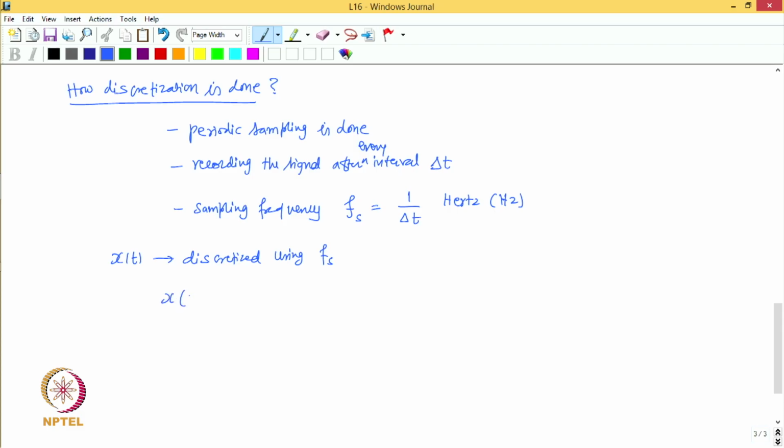Then we will have the discrete signal represented as x[n delta t] equal to x[0], x[1 delta t], x[2 delta t], going up to x[(n minus 1) delta t]. In this way, this recorded signal vector has n samples.